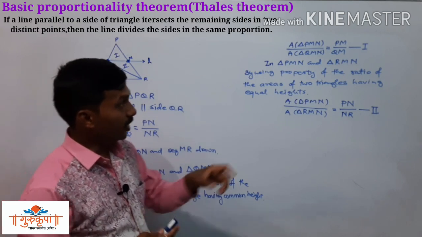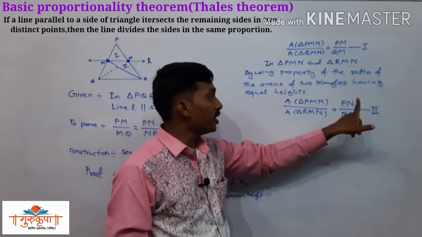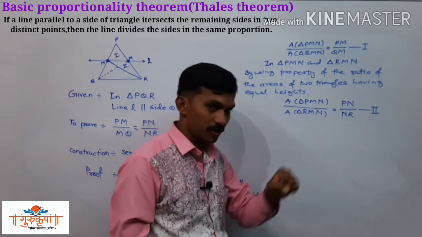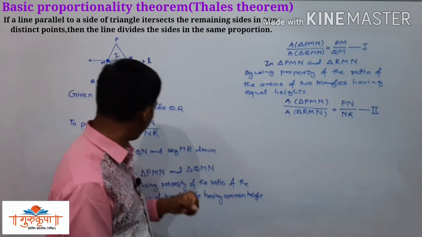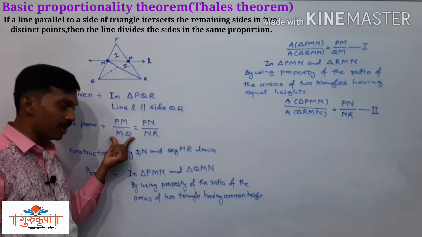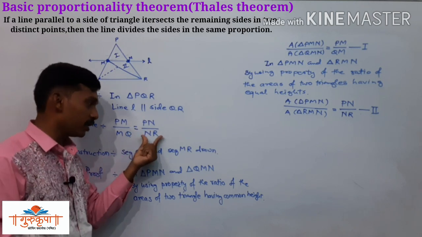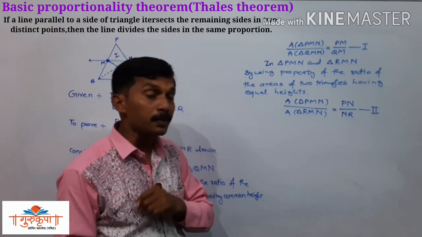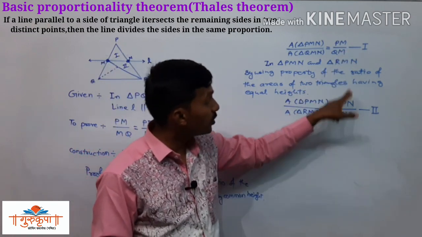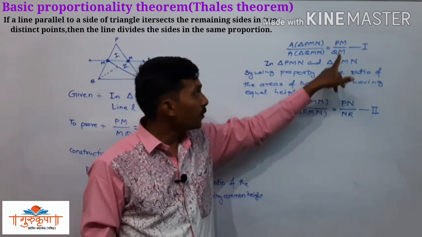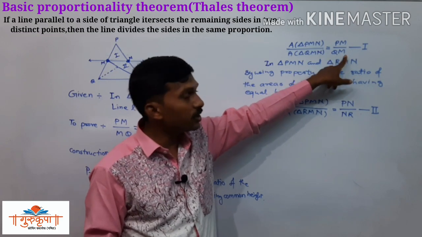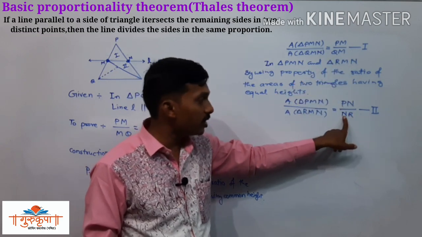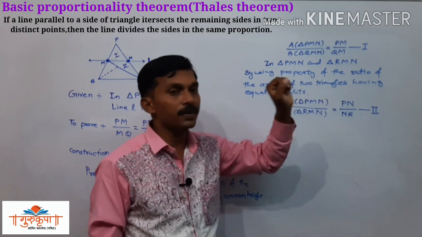Now here we have to prove that PM upon QM is equal to PN upon NR. We get the ratio PM upon QM and the ratio PN upon NR. But how can we prove that both these ratios are equal? The first ratio is the RHS of the first equation and the second ratio is the RHS of the second equation.